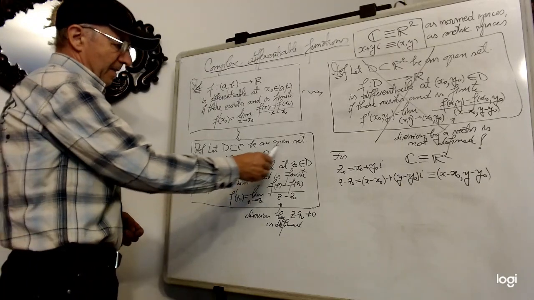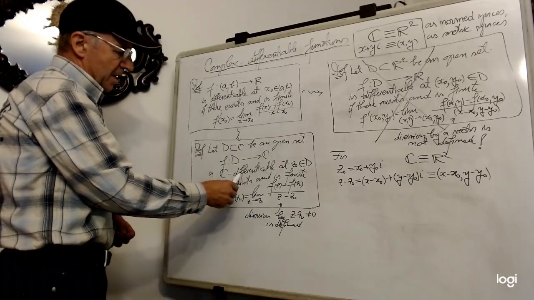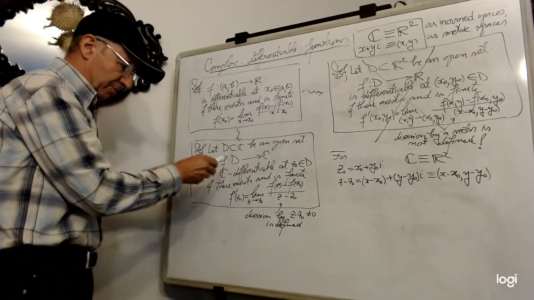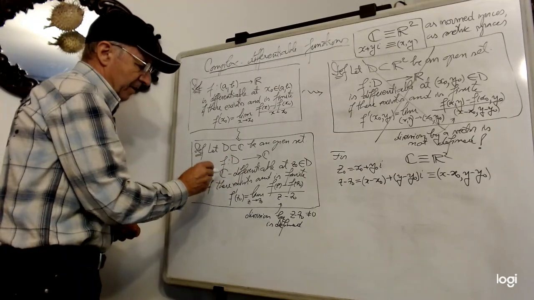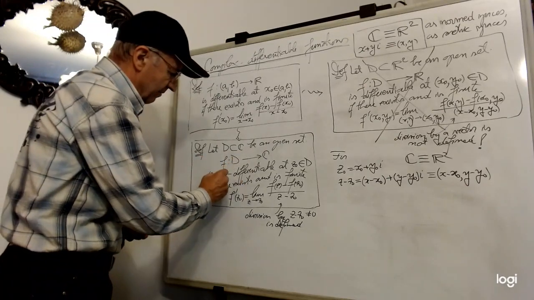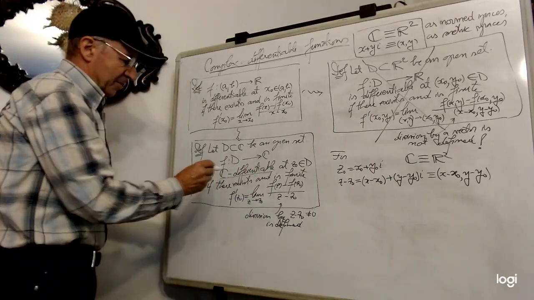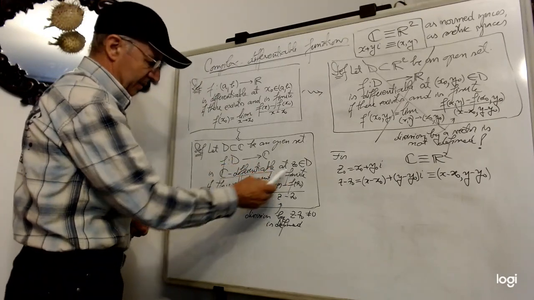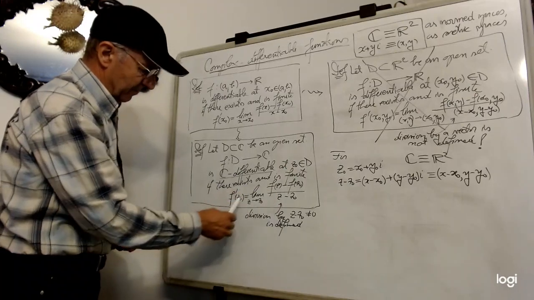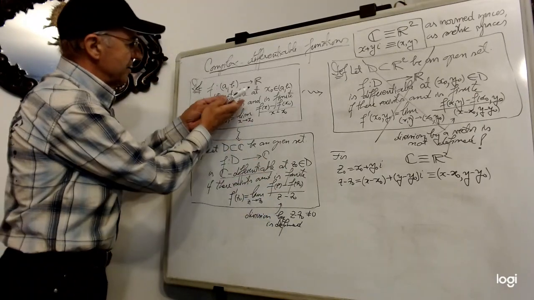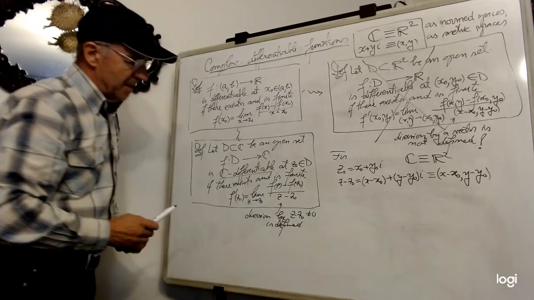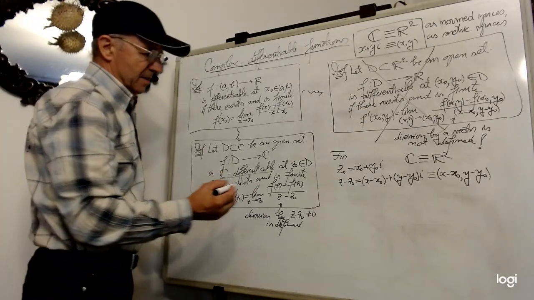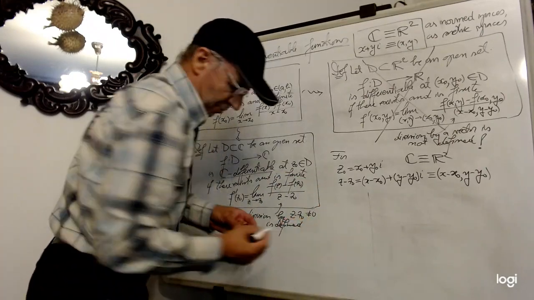We say that such a function is complex differentiable, to specify that in this case we have a special case, at a point z0 from the open set D if this limit exists and is finite. This is just this definition extended to the case when z is a complex number.